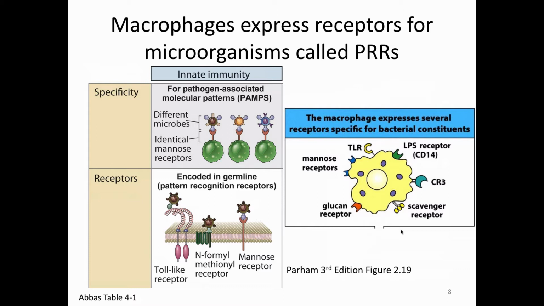And the other thing that's really key is that these receptors bind to targets that are not specific to individual microbes. Instead, they are specific to broad classes of microbes. So a pattern recognition receptor is not going to distinguish this year's flu versus next year's flu.